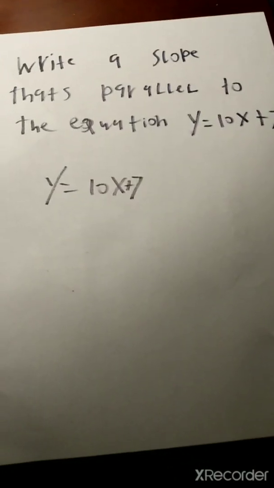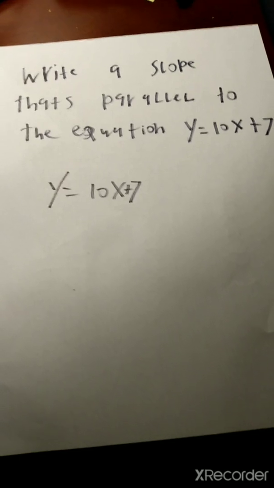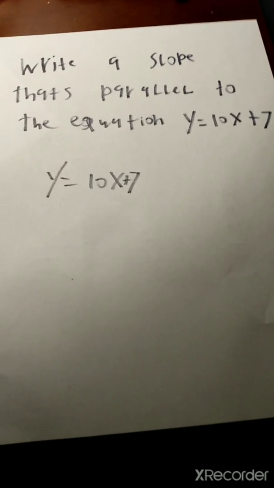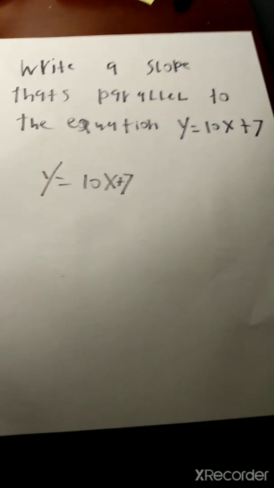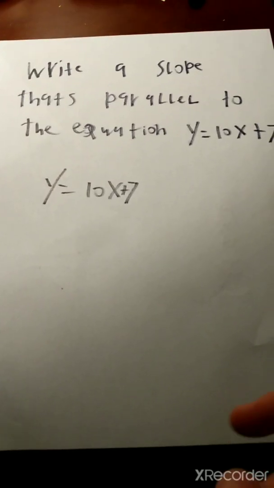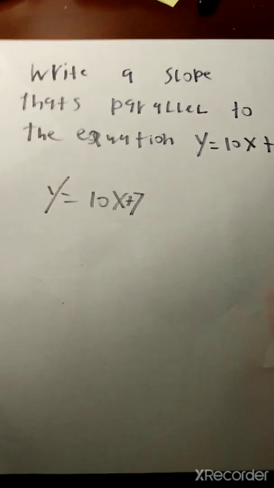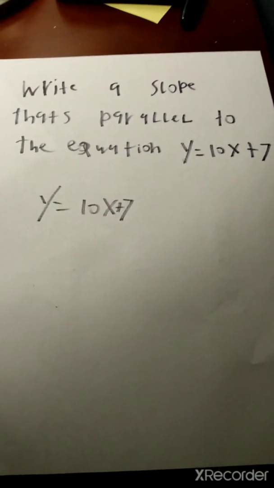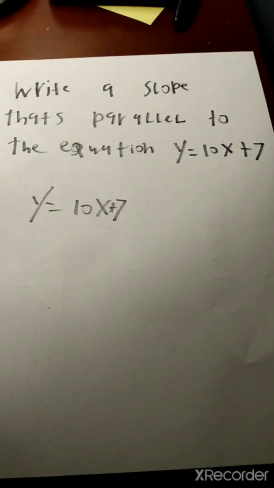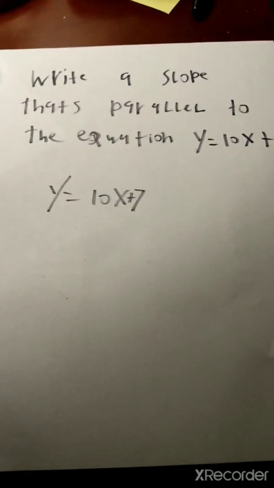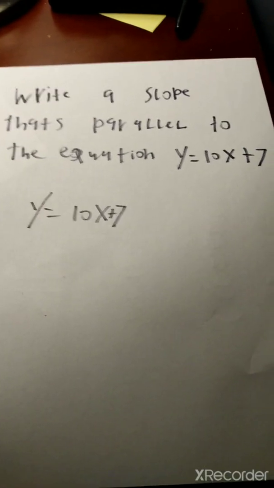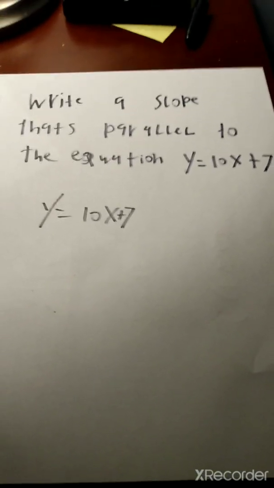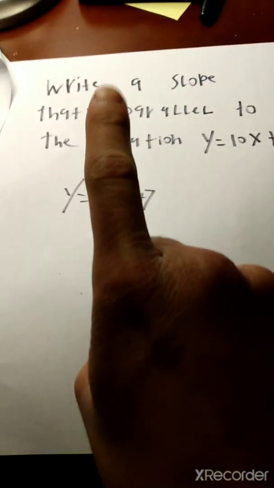Here is another example. If you're working with word problems and also working with slopes and parallel lines, you will probably see a word problem that looks like this: Write a slope that's parallel to the equation y equals 10x plus 7. This is one of the easiest ways to solve this, because there's only one thing we need to change.